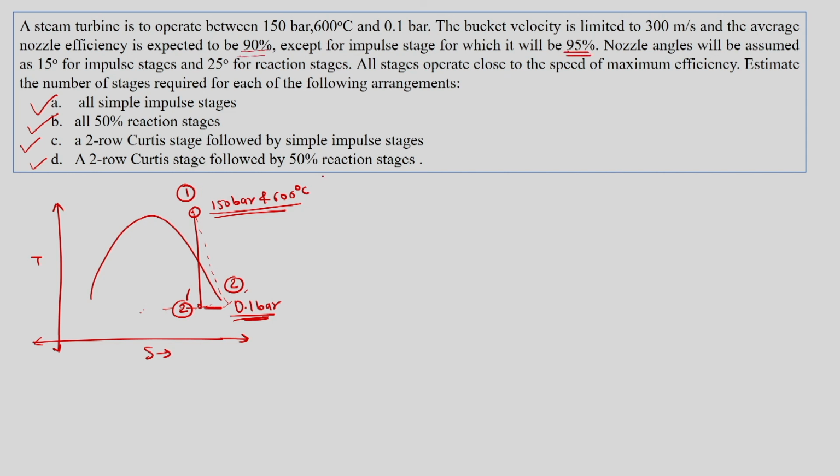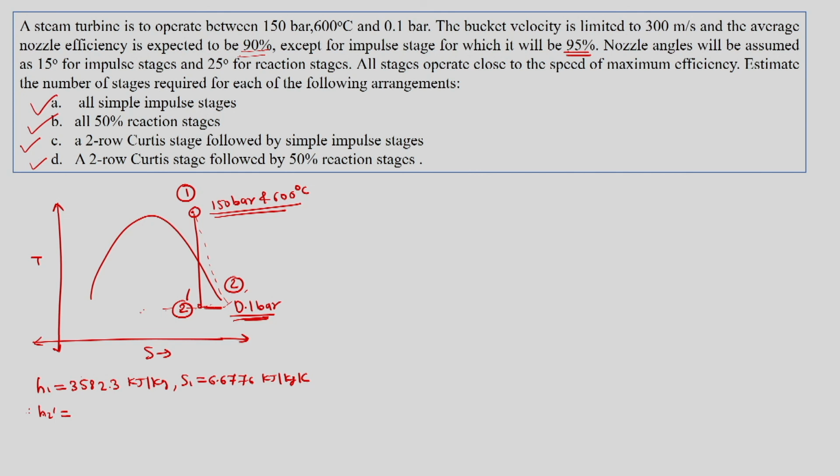First let us find out H1, corresponding to 150 bar and 600 degrees Celsius. It turns out to be 3582.3 kilojoule per kg. Similarly, at the same state, we note down entropy, which is 6.6776 kilojoule per kg Kelvin, and then we can note down H2 dash.